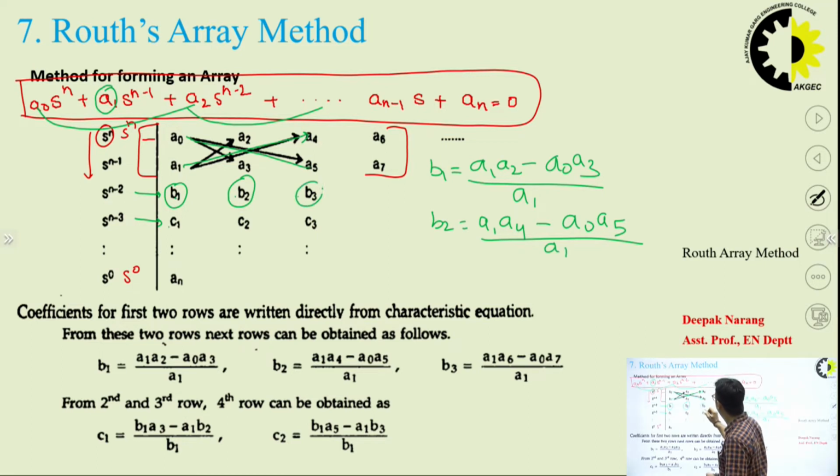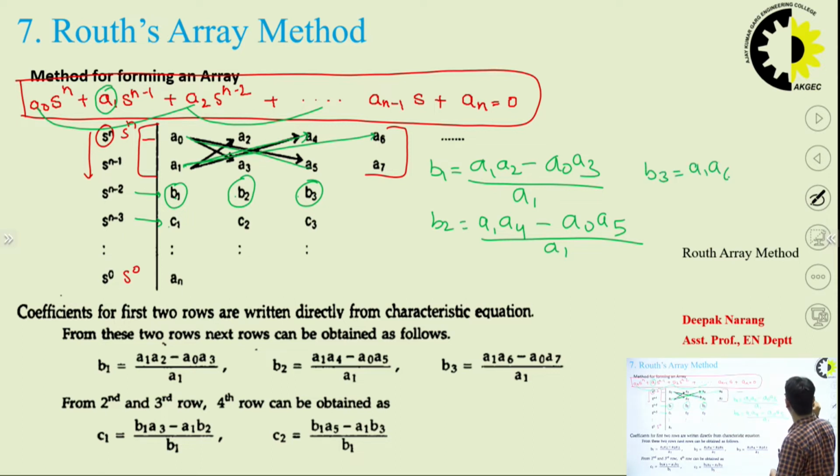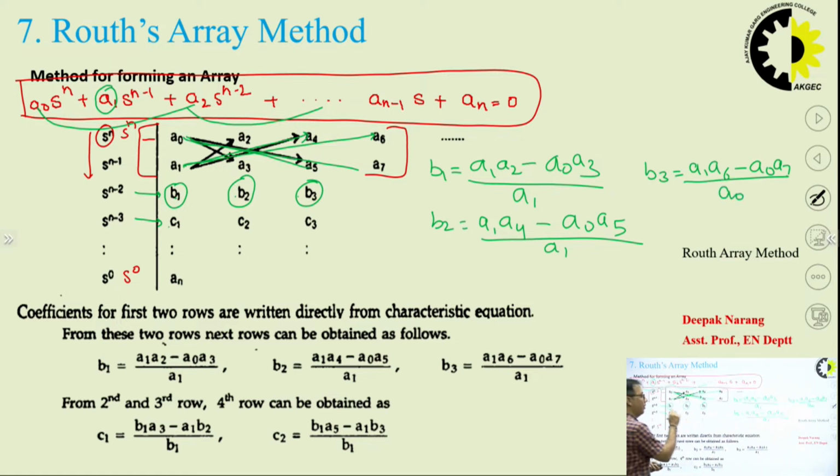B3 will be A1 into A6 minus A0 into A7, divided by A1. We write all these obtained values in this row, and this is how this row is obtained.